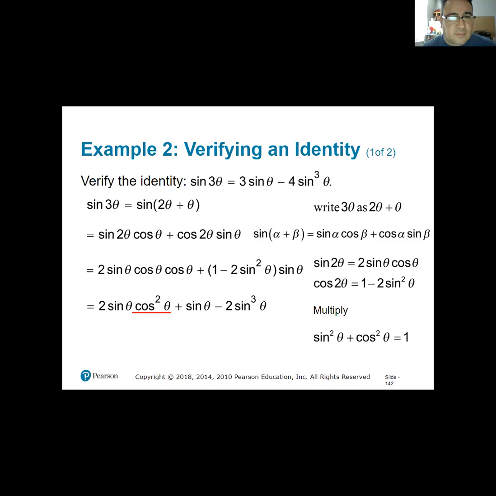So if I subtract sine squared theta from both sides, I end up with cosine squared theta equal to 1 minus sine squared theta. There you go. So I'm going to replace that cosine squared with 1 minus sine squared theta.